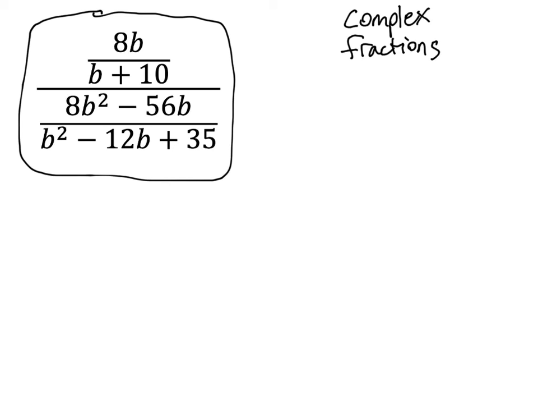So another way that we can think of this is we're taking the rational expression we see on top here, and we are dividing it by the rational expression we see on the bottom here.